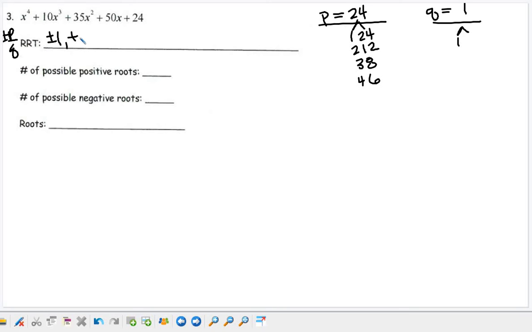So 1 over 1, 2 over 1, 3 over 1, 4 over 1, 6 over 1, 8 over 1, 12 over 1, and 24 over 1. Now, you don't have to do it in numeric order. It just makes me happy to do it in numeric order. Keeps me in line.